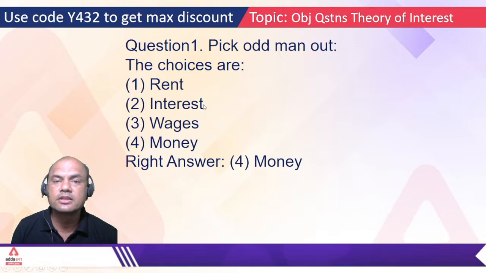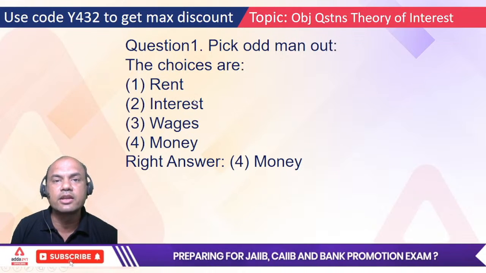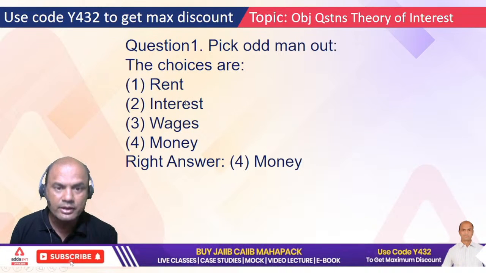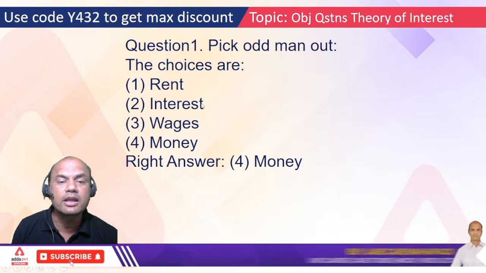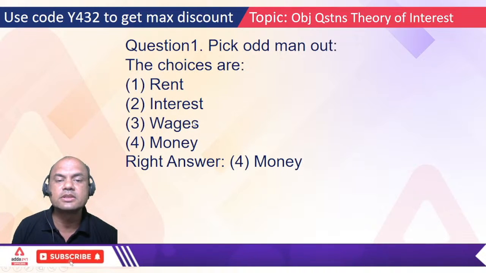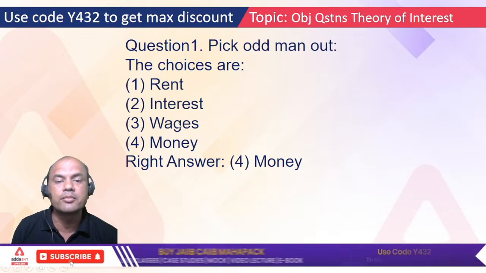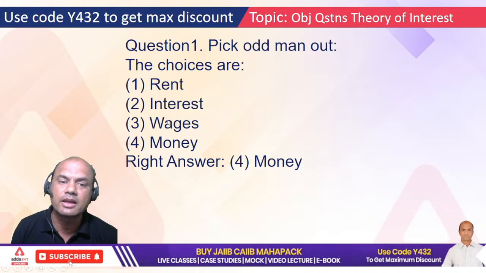What is interest? Interest is earned when I give the money to someone, and then that person pays me back with the interest, right? So I am again taking the risk. What are wages? I am getting employed somewhere, I am doing some work, so I am giving something and then I am getting it.